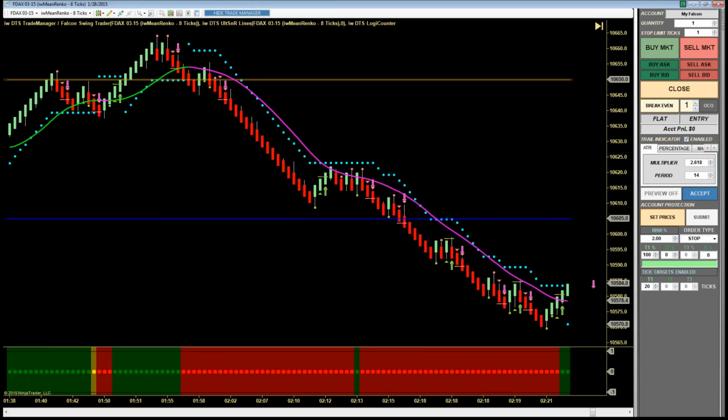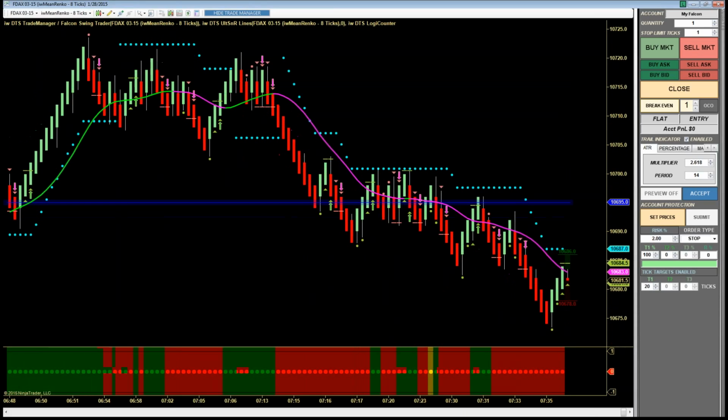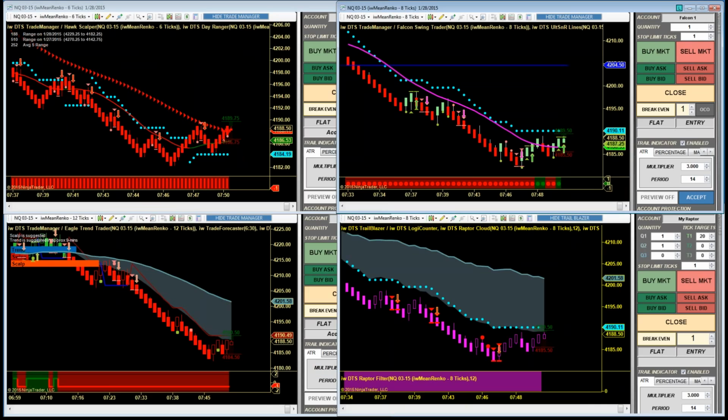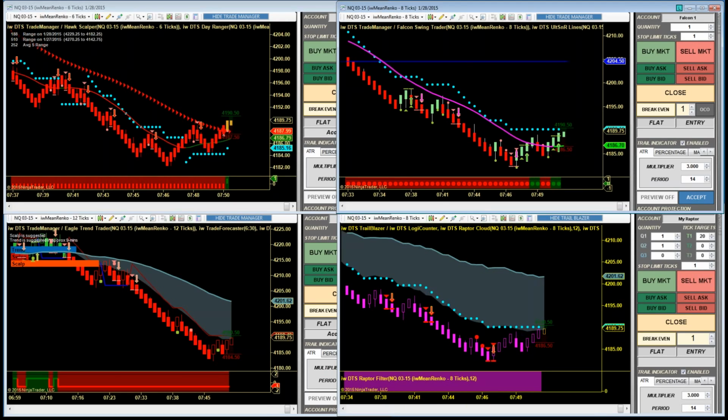So here was that big sell-off that the Eagle did not signal, but here is a trend change signal, plain as day on the Falcon. And look at that follow-through. Our stop strategy would have held us in all the way down to right there. Fantastic move. My goodness, you could have packed up trading a half an hour into the session. I love it when it does that. All right, we'll put that away for now.